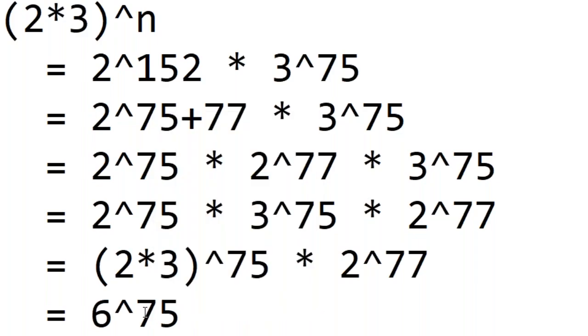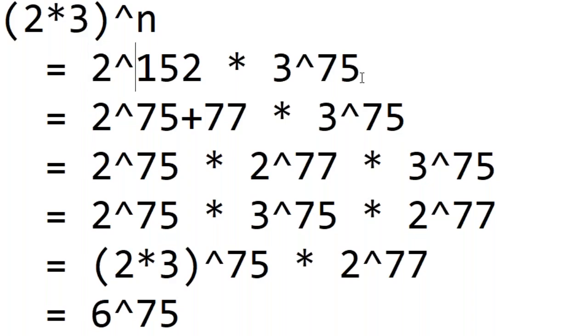Coming to the powers 152 and 75, which one is the final answer? 75. Okay, 75 is the highest power for which number, 2 or 3? 3. 152 is the highest power for which number? 2. So 6 can be written as 2 into 3.